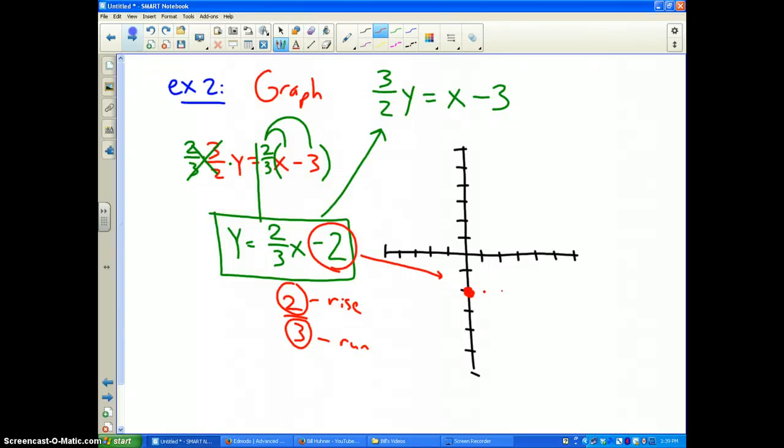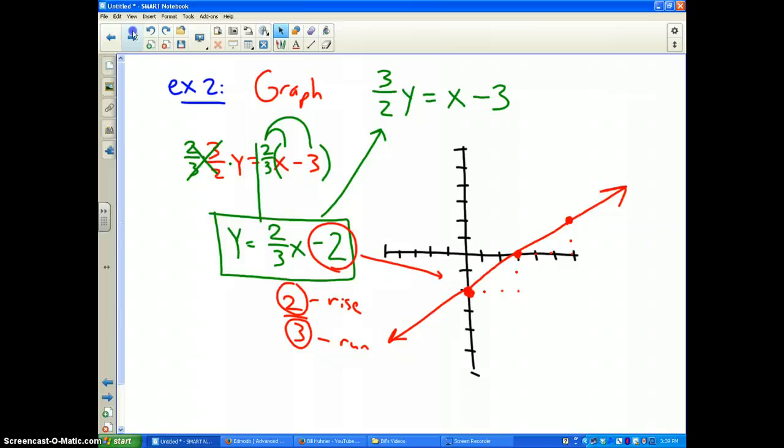So I'm going to go over 1, 2, 3, and rise 1, 2, put a dot. Go over 1, 2, 3, go up 1, 2, put a dot. And I've got my 3 points on my line, and there is the graph of this linear function using slope and y-intercept.